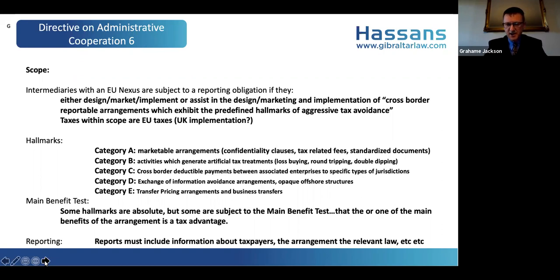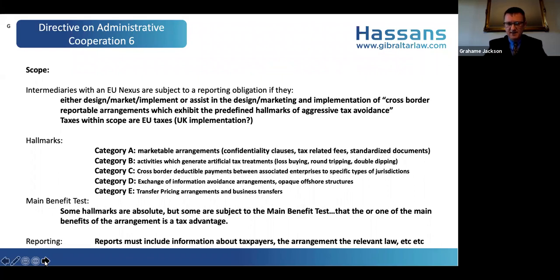And DAC6 specifically is designed to impose on people who design, market, implement or assist in the design, marketing and implementation of what are called cross-border reportable arrangements, which exhibit the predefined hallmarks of aggressive tax avoidance, a little bit on that later, to impose on those people, and that's professionals, accountants, lawyers, company administrators, fiduciaries, anybody that can design a tax impactful arrangement, a reporting obligation to tell the authorities what it is that they've done, who it's affected, and the amount of value that the transaction has.